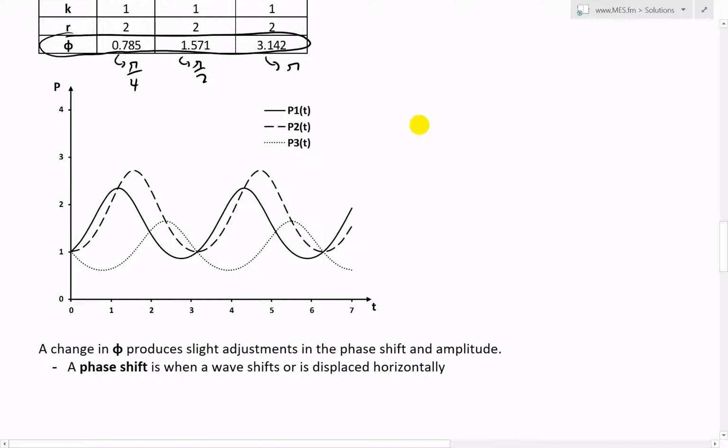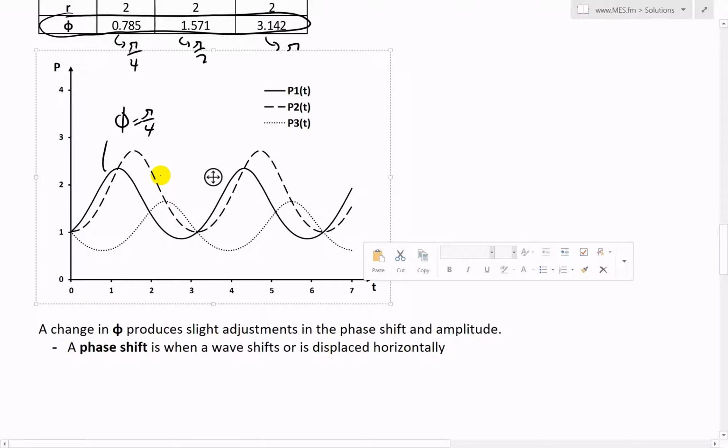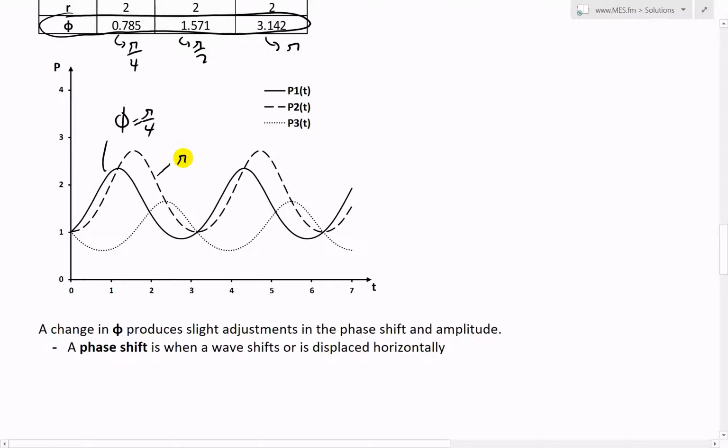And when we change this phi, this black one says phi equals pi over 4, then over here phi is pi over 2, and the last one is phi equal to pi.